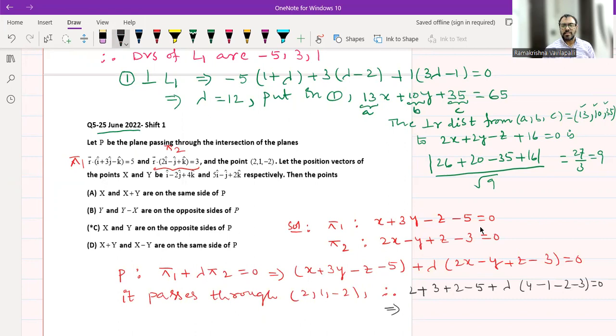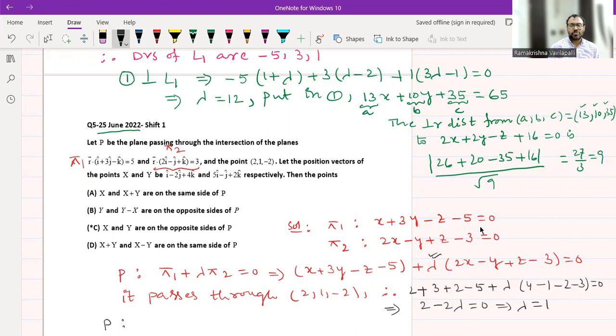The first, this is sum 7. 7 minus 5 is plus 2. And this one is minus 6 plus 4. So minus 2 lambda equal to 0 implies lambda equal to 1. So we got the equation of the plane. Now the plane pi is, substitute lambda equal to 1 here.